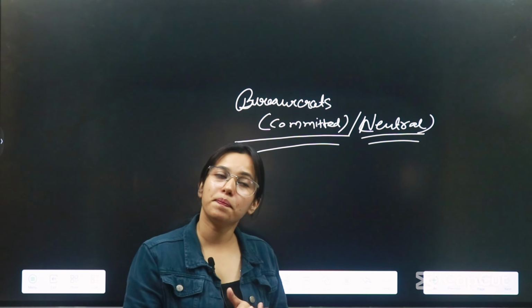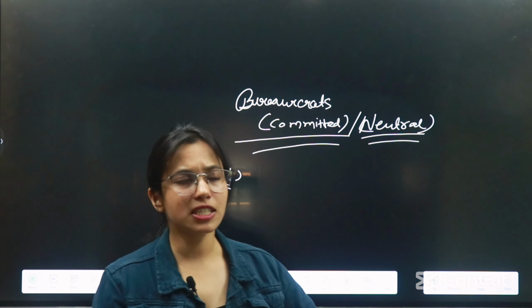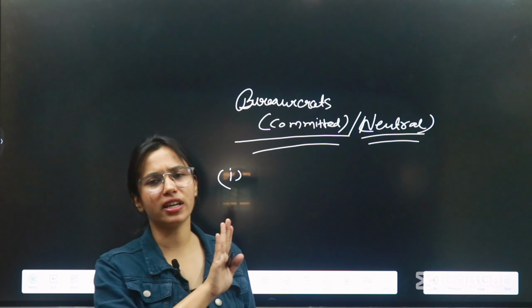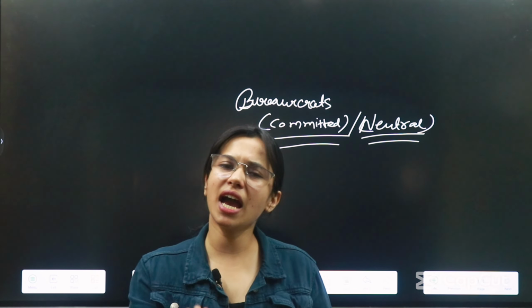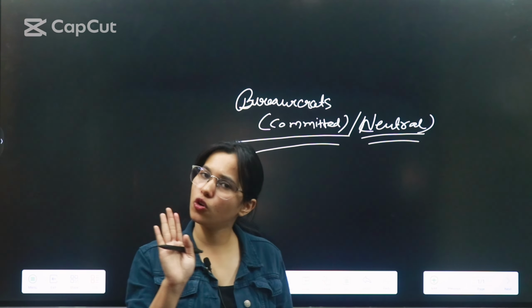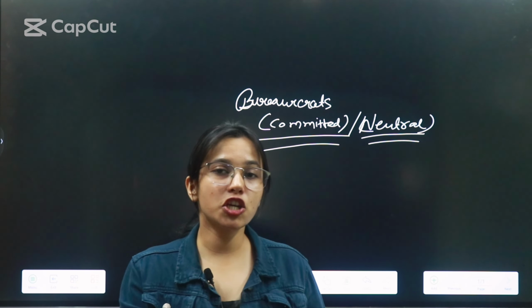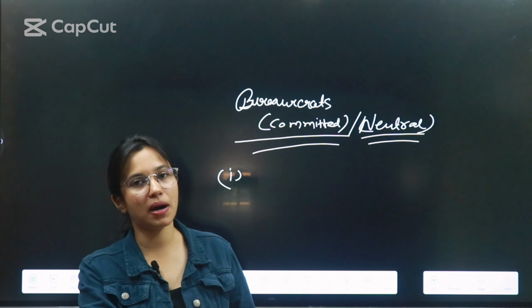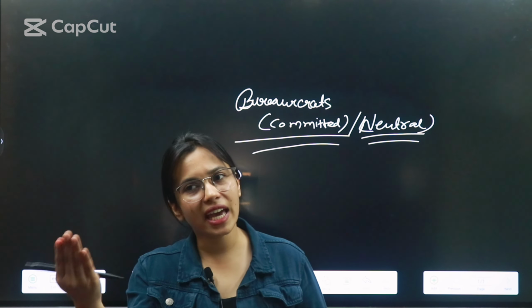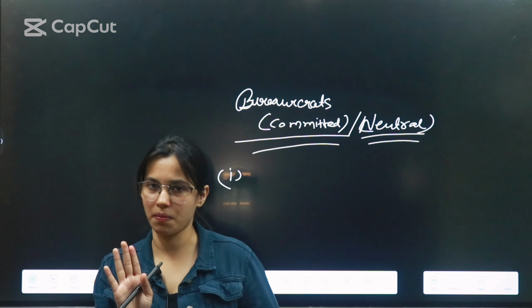What do we understand by this? By this we understand that any bureaucrat, any IAS officer, IPS officer, might have any kind of political inclination, whatever party they wish to support, okay, but they should work neutrally for the public without analyzing whether the public is supporting their favorite party or not, right.